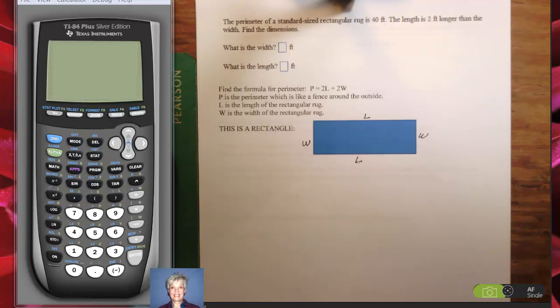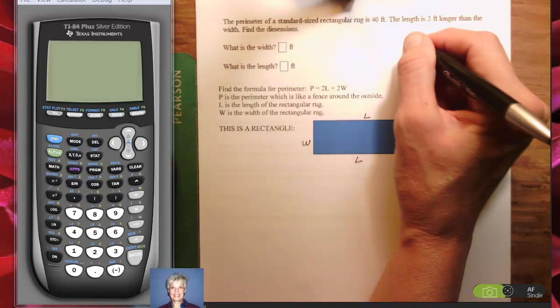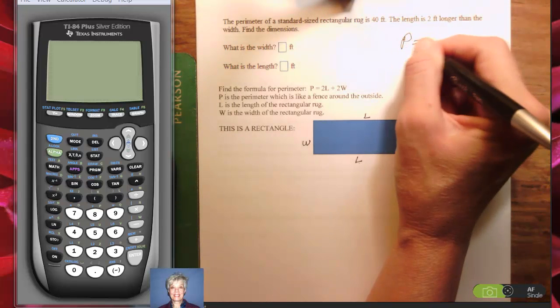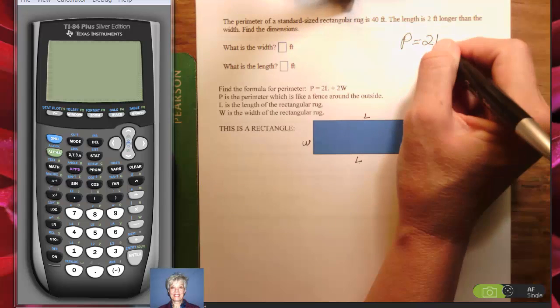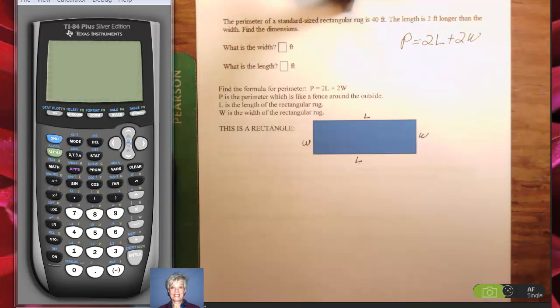So now, let's go back and look at what we're being told. We have to find length, we have to find width, because it's a perimeter problem. Notice that if you write the formula, let's write it up here. P equals 2L plus 2W. Notice you're given what the perimeter is right away.